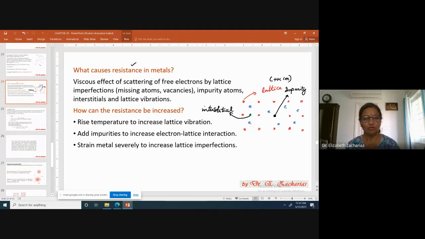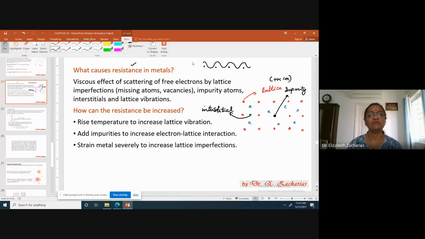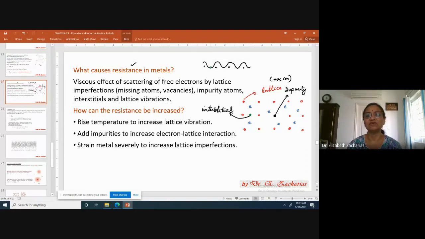Next thing is, you must have studied in your intermediate that electrons are waves. So please remember, when they move through a structure that is uniform, there is no collision happening. But just imagine if in the wrong place there is some other atom sitting, then there is a collision.